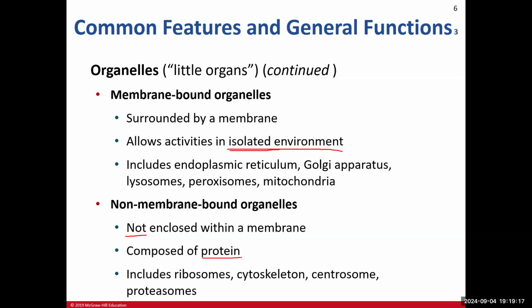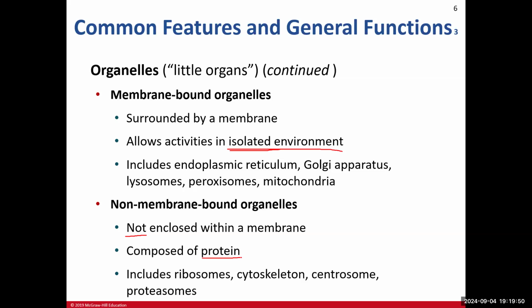Or maybe it needs to replace part of the plasma membrane. And then some proteins will stay inside the cell. Maybe we have to repair or make a new organelle, and so we'll use those proteins to make those. So there's lots of different destinations for the proteins that our cells are making, and it's dependent on where those proteins are being made. I'll get more into that when we get further along in this chapter.